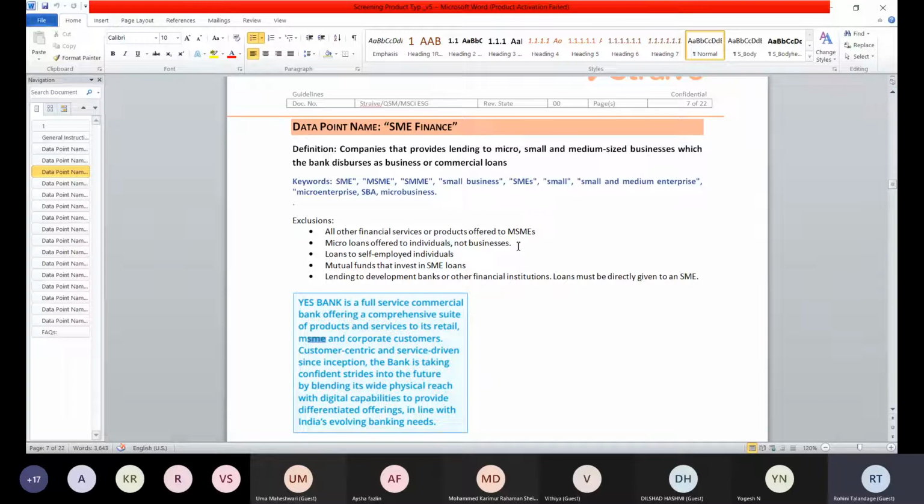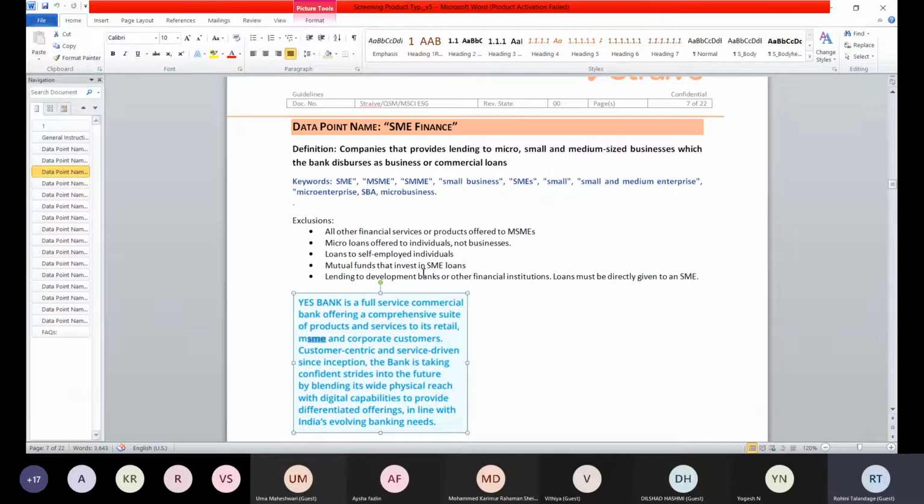If any company is providing micro loans to the individuals, they are not providing that loan to micro, small or medium sized businesses. So these are some exceptions, in which case we have to mark it as no.